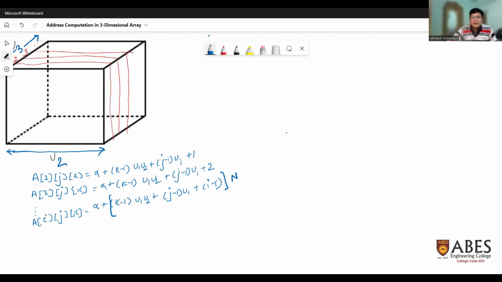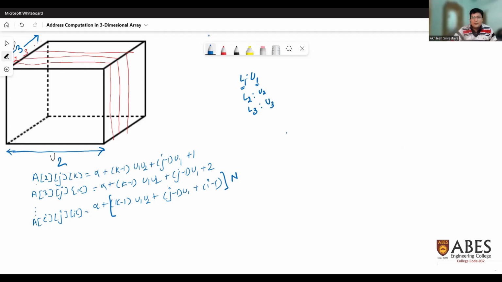Another thing is that if we assume a general starting index, for example L1 to U1, it means L1 is the lower bound for the first dimension, and U1 is the upper bound for the first dimension. Similarly, the lower bound is L2 and the upper bound is U2 for the second dimension. And L3 is the lower bound for the third dimension, and U3 is the upper bound for the third dimension.